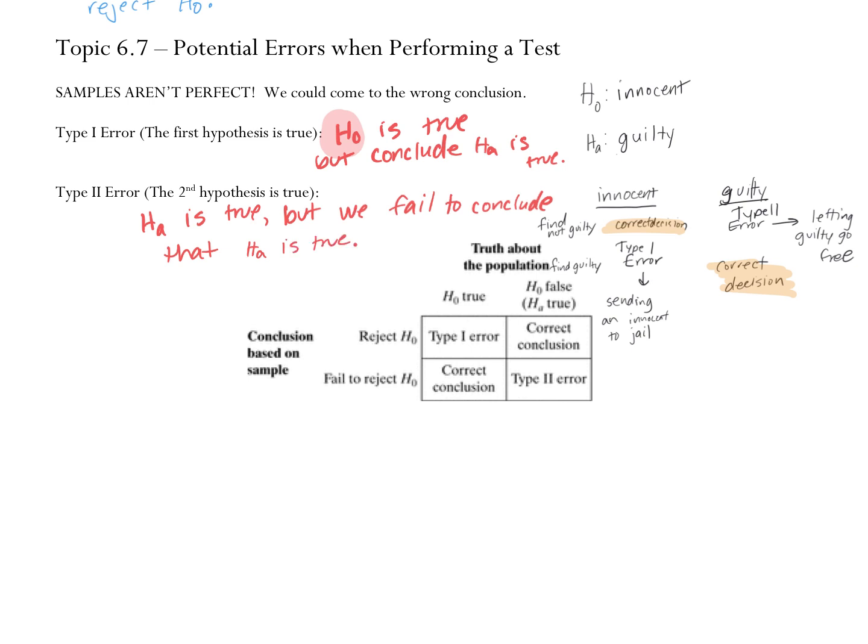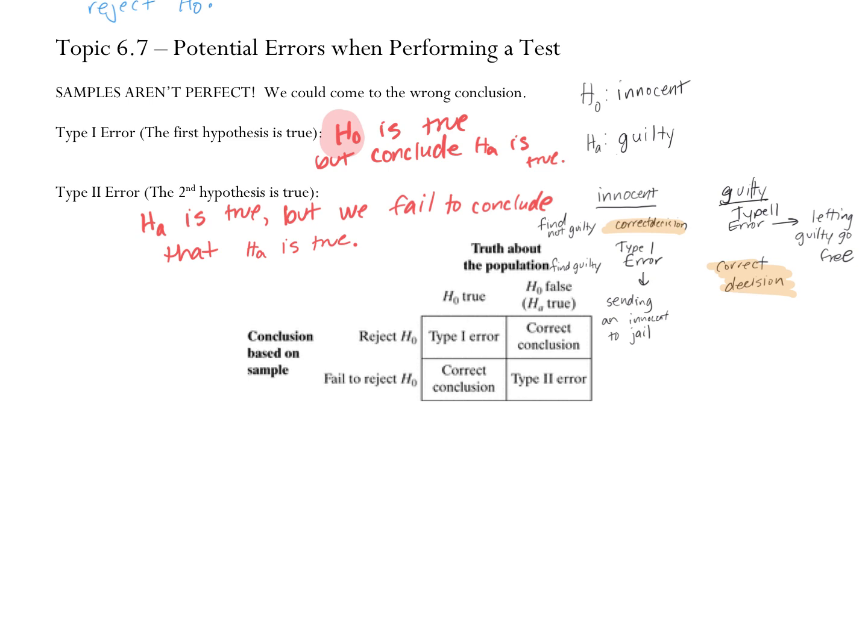And again, in this case, type 2, the second of the two hypotheses that we write is the true hypothesis. And, I'm sorry? Wait, you say that the alternative is true, but we fail to conclude that it's true. Yeah, because we're making a mistake, right? We're describing an error in decision making, yeah?